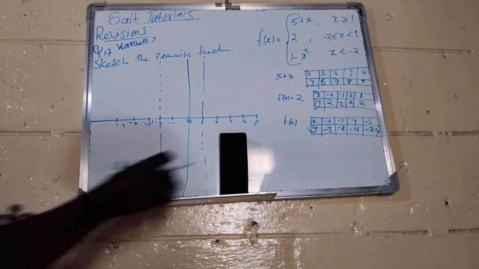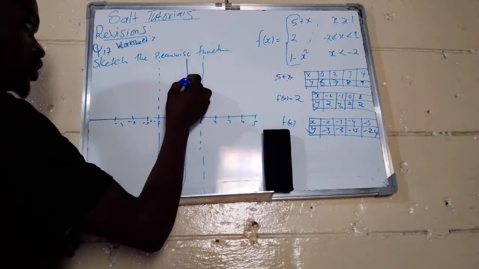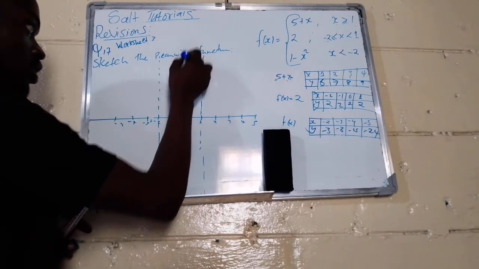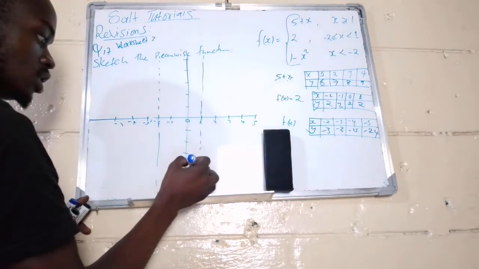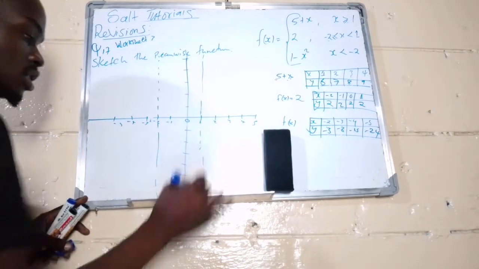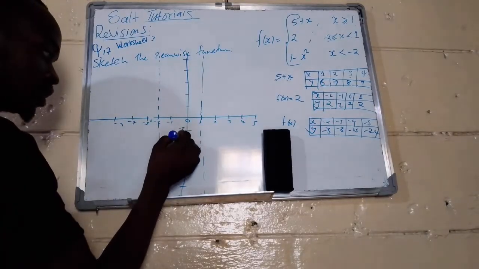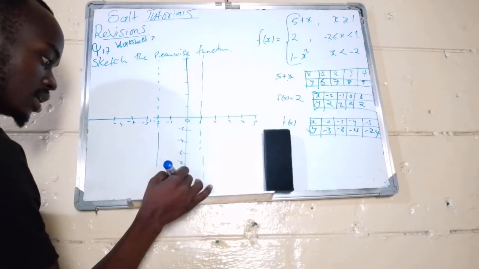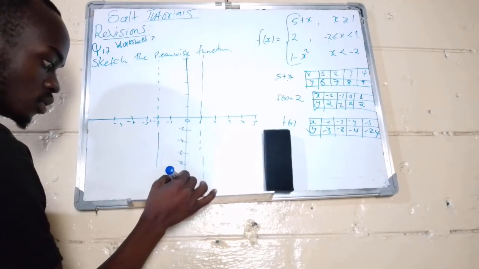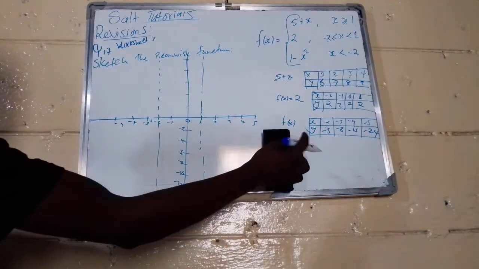So what am I going to have on the axis? 2, 4, 6, 8, 10, 12, 14. And this is negative 2, negative 4, negative 6, negative 8, negative 10, negative 12, and negative 14.